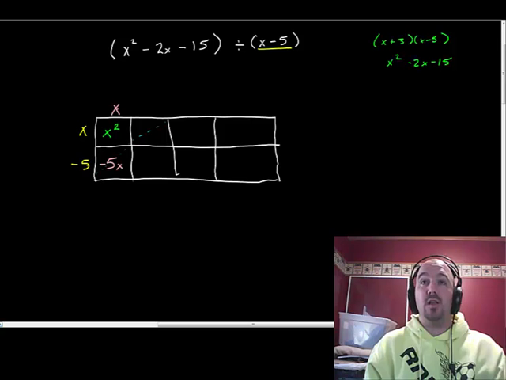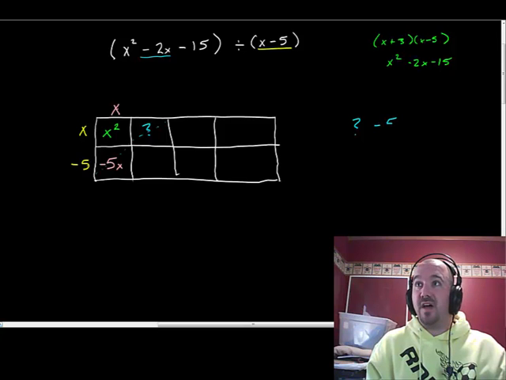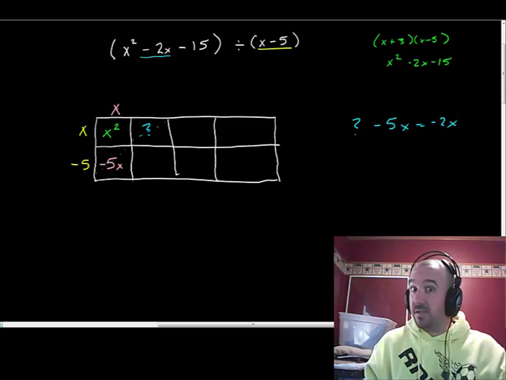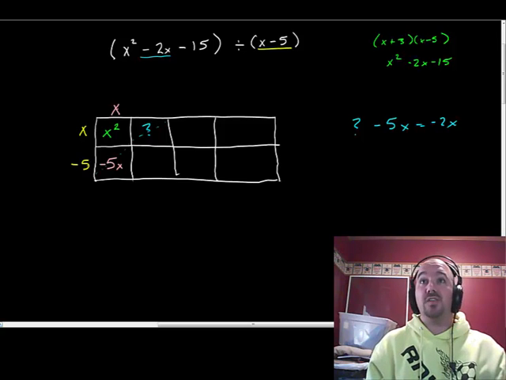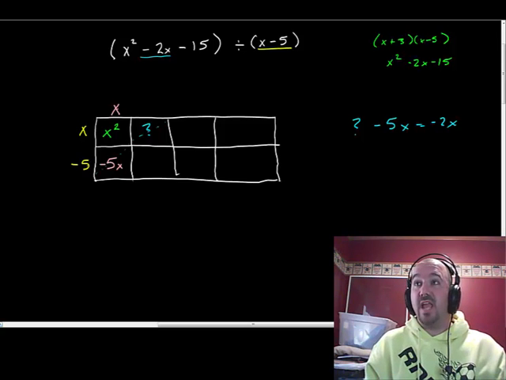We say, okay, I know that this diagonal has to add up to negative 2x. So the question is, what do I have to put here to make that happen? I'm really asking myself what minus 5x is equal to negative 2x. And they're like terms, that's how they combine. And so we find out that in fact we need a 3x.